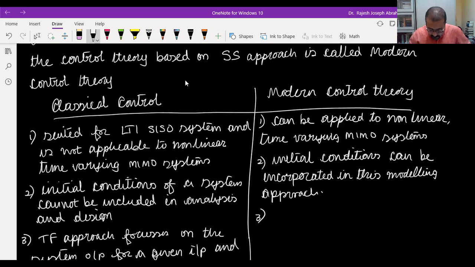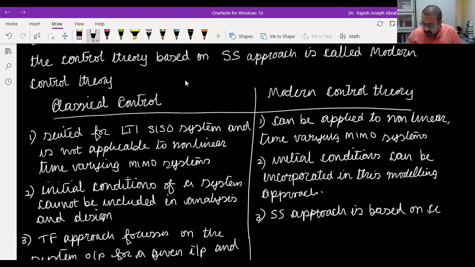Okay, then this state space approach, as I said before, is based on some internal variables called the state variables.